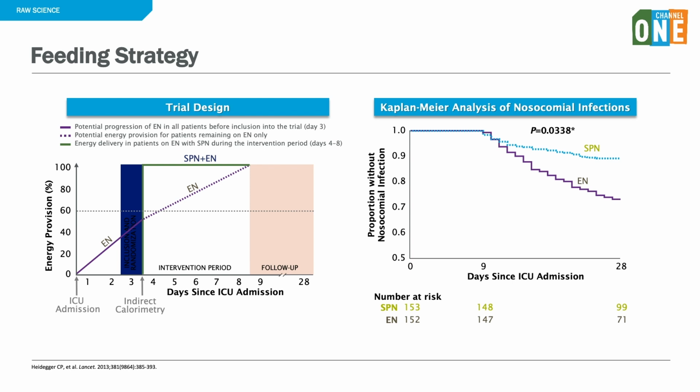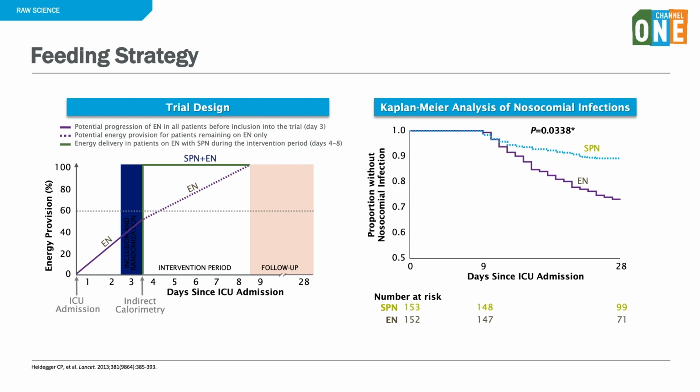This is also what we do in our ICU. When a patient is admitted, you start enteral nutrition, and you perform indirect calorimetry between day 3 and 4. Once you have the resting energy expenditure, if you don't reach your goal with enteral nutrition, you will add parenteral nutrition on top of it. This parenteral nutrition also contains lipids, amino acids and carbohydrates.